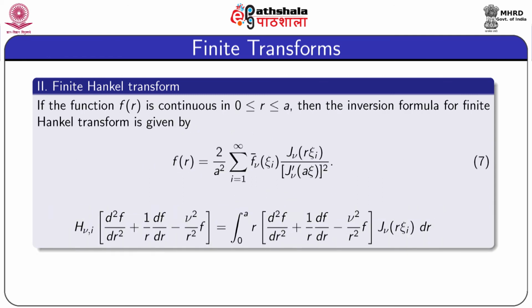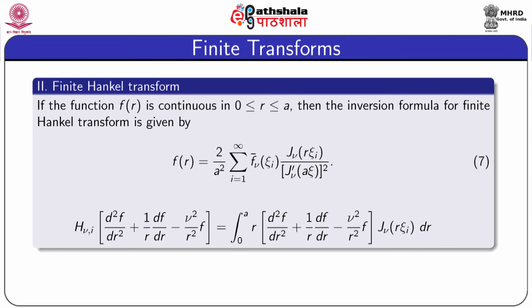The inverse finite Hankel transform is defined as f(r) equals 2 by a squared, sum over i of f bar J_nu(r xi_i) divided by [J_nu dash(a xi_i)] squared, where J dash denotes the derivative of J_nu.